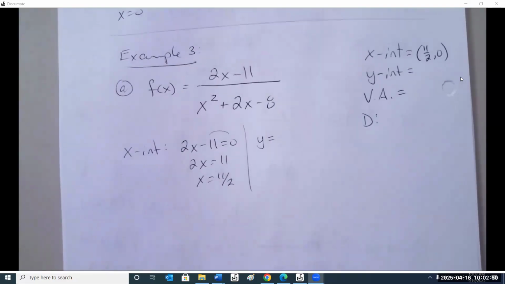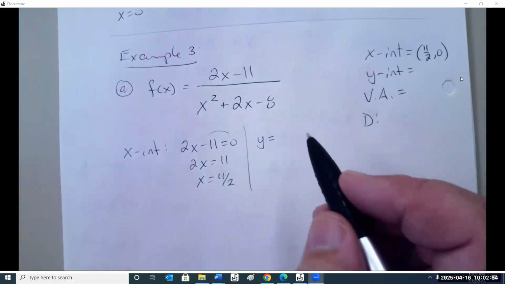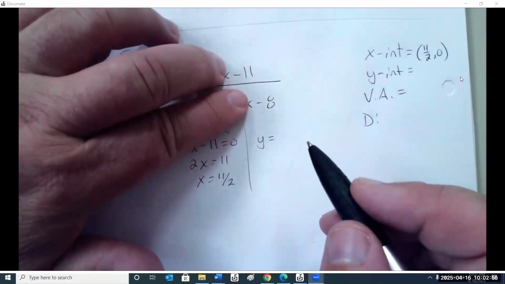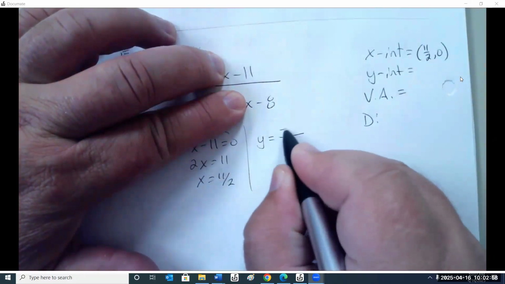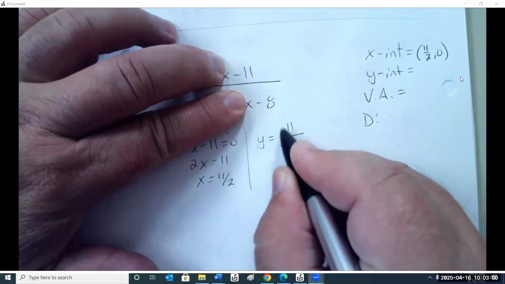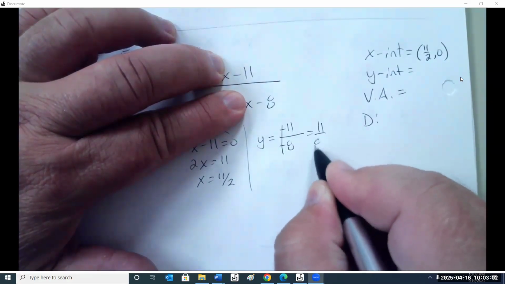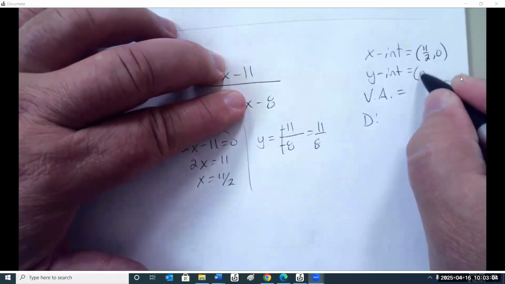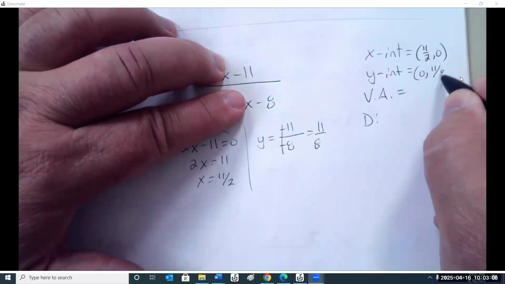Well, yeah, the y-intercept is only the constants. Erase everything that was an x. What are we left with? The negatives cancel, so it's 11 over 8. So it's at 0, 11 over 8.